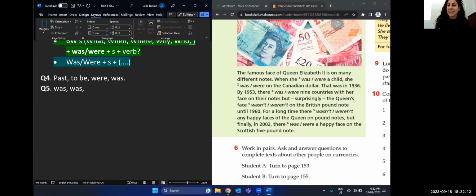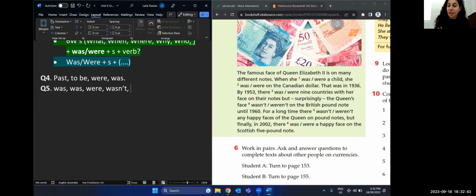That was in 1936. By 1953, there were 9 countries, because that's the plural, there were 9 countries with her face on their notes. But surprisingly, the Queen's face wasn't, because she wasn't on the British pound note until 1960.